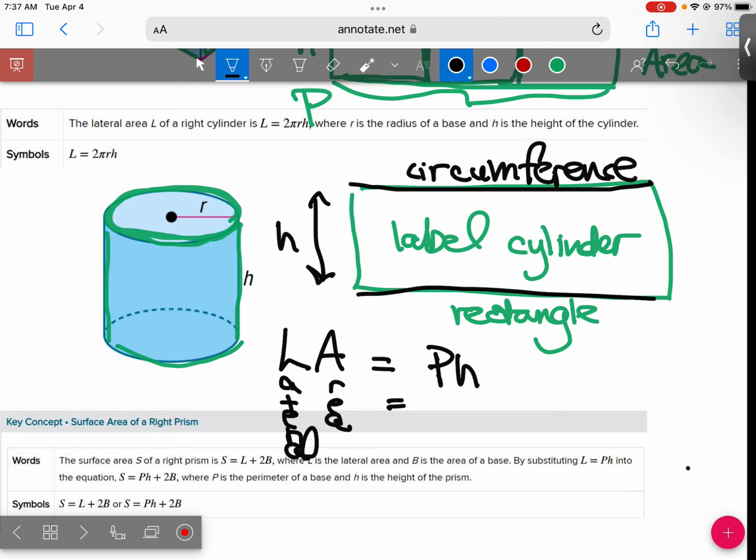So my perimeter is 2 times pi times r. So that's just the P, the perimeter, times the height. So everybody see that? It's kind of tricky to understand at the very beginning.